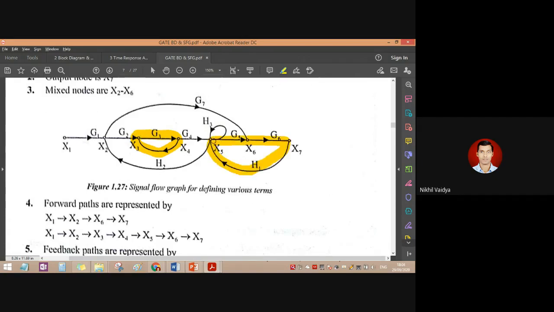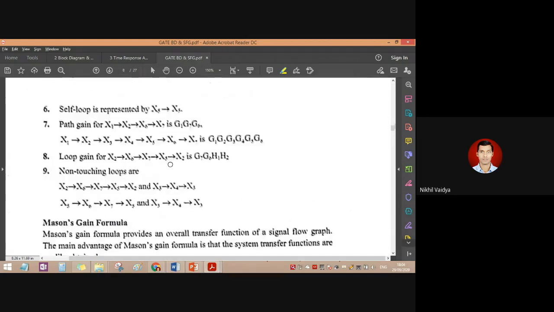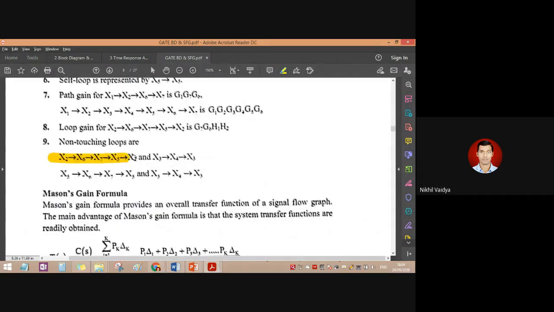They are also a non-touching pair. So there are two pairs of two non-touching loops, as mentioned here. These are the two pairs we just traced. They should not have any common node between them.